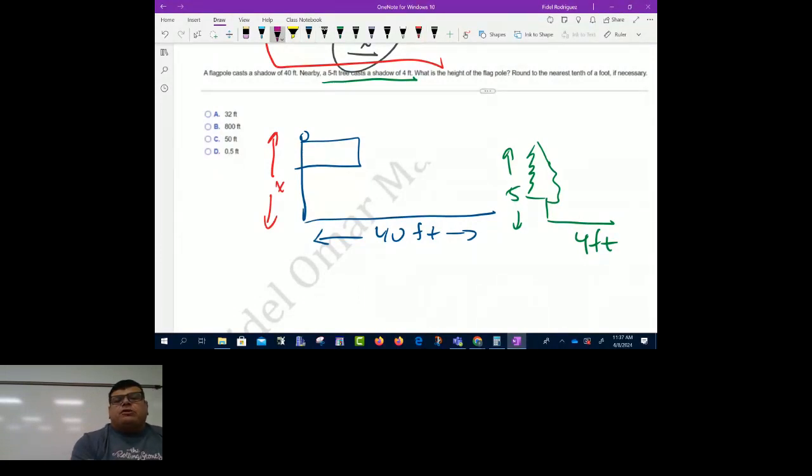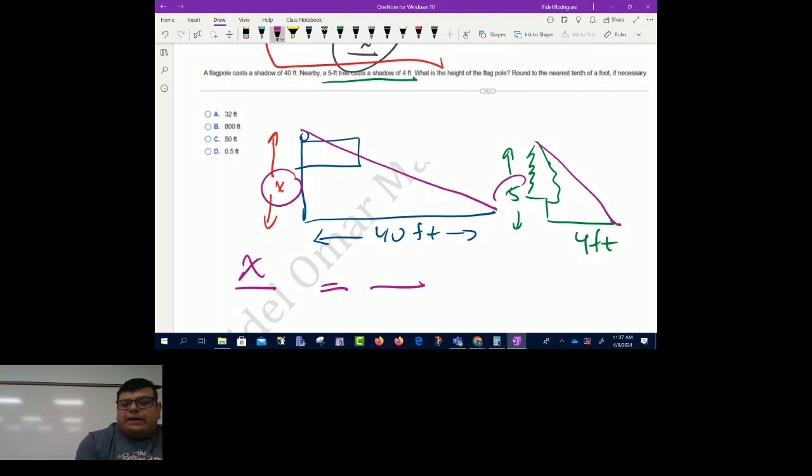Look, let's draw a triangle. Boom, boom, right? So again, first thing I'm going to do, I'm going to say one fraction equals another. I'm going to say X is to 5, just like what 40 is to 4.